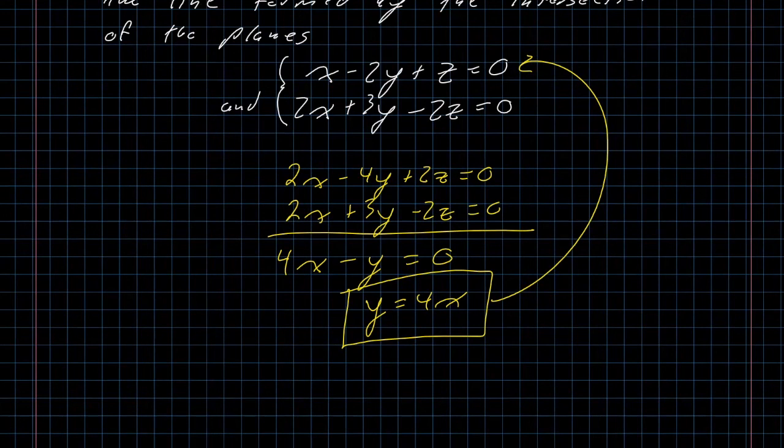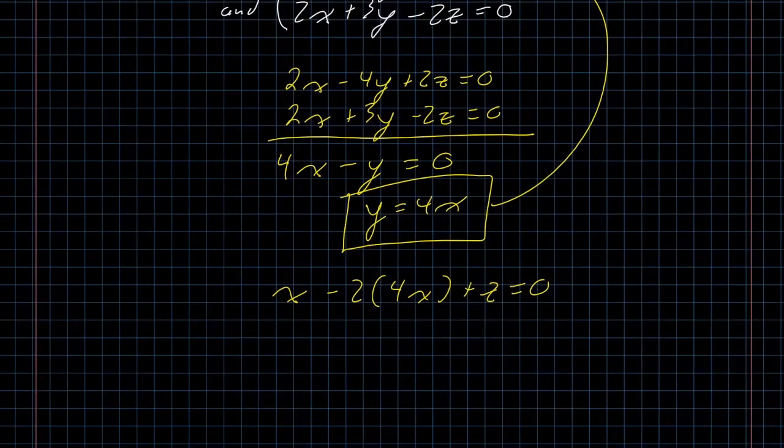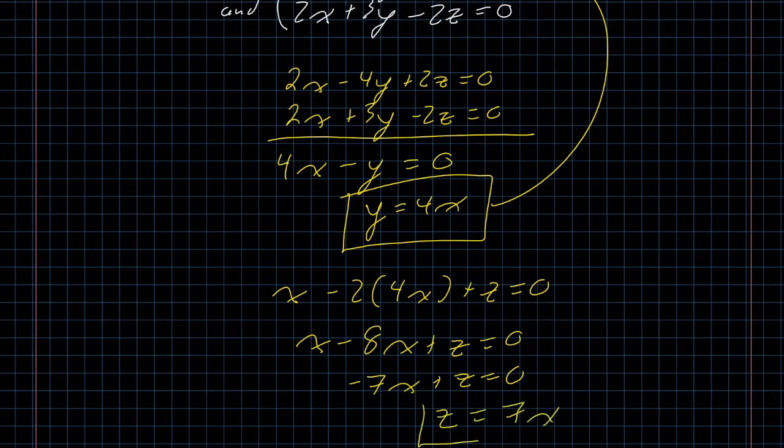But notice that if I plug in, I have x minus 2, and instead of y, we're now calling it 4x, plus z is equal to 0, which means that x minus 8x plus z is equal to 0, negative 7x plus z is equal to 0, z is equal to 7x. Right, there's my second equation. And with that, we have everything we need.